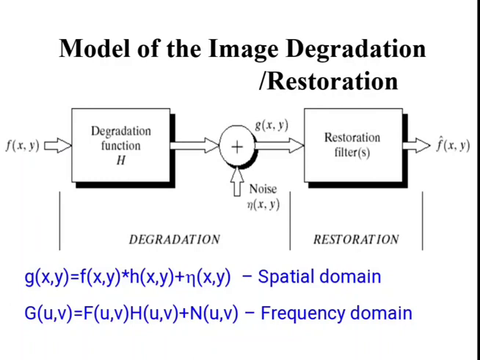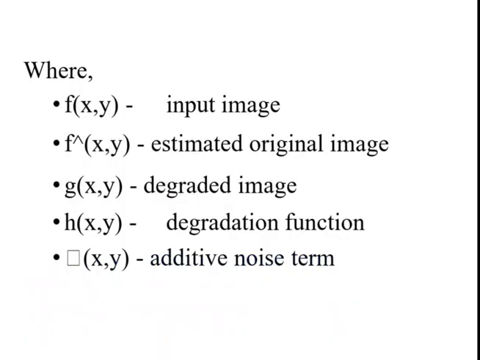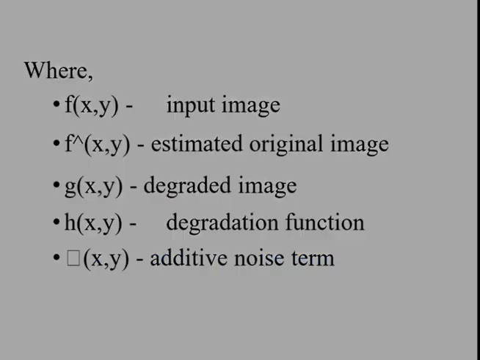So we write the above equation in an equivalent frequency domain representation: G(u,v) = F(u,v) H(u,v) + N(u,v), where f(x,y) is the input image, f cap(x,y) is the estimated original image, g(x,y) is the degraded image, h(x,y) is the degradation function, and eta(x,y) is the additive noise term.